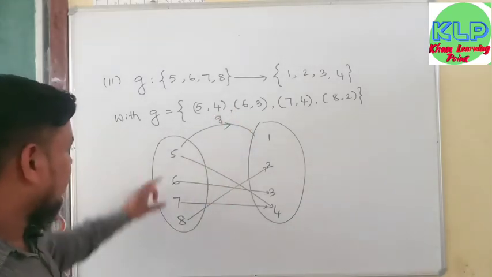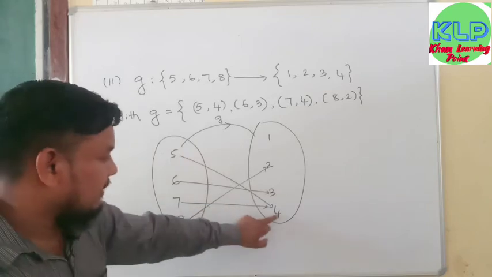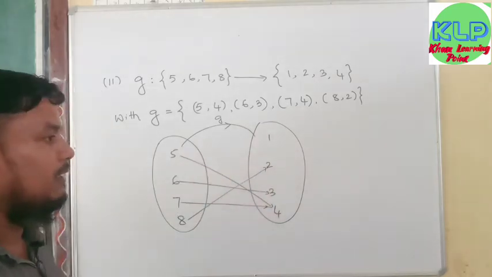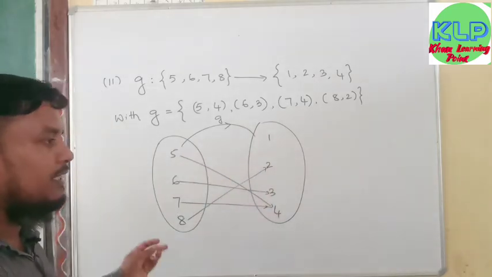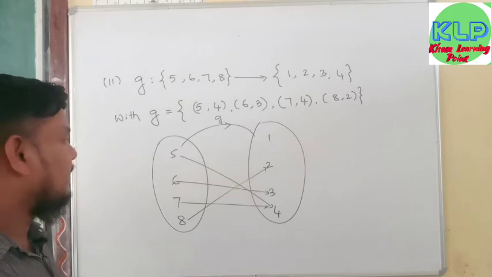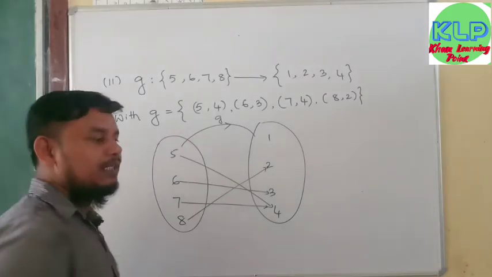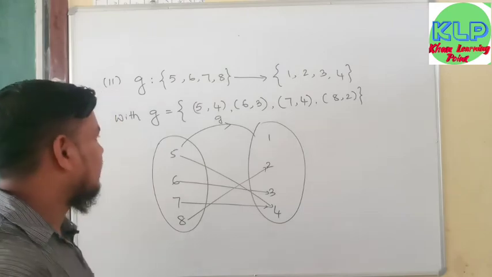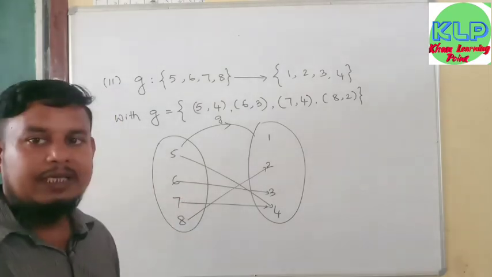Since here two different elements 5 and 7 have the same image 4, it is not 1-1. Since it is not 1-1, it is not bijective, hence the inverse of G does not exist. That is, G is not invertible.